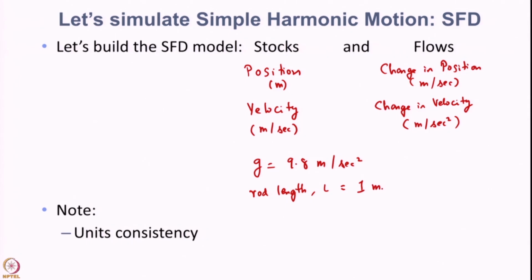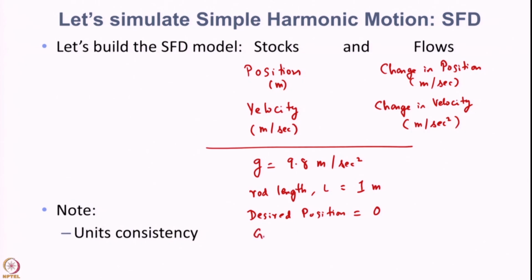Okay. Now all the units are consistent. Let us define one more variable called desired position, which will be at point 0.